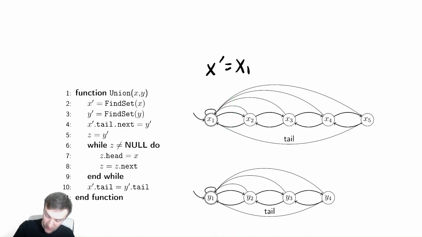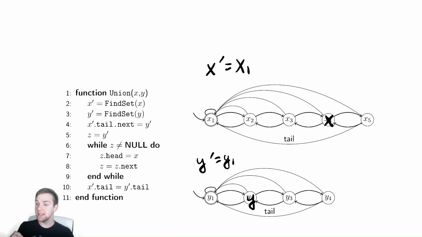Let's suppose, for example, that x4 is x and that y2 is y. So we've written that over top just to make sure we understand what we're doing. So x prime would be x1. I'm not going to write that over top just because it gets a bit messy. And y prime would be y1.